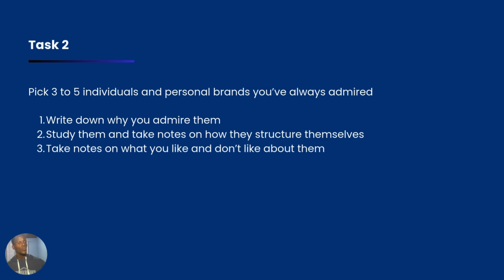Write down why you admire them, then study them and take notes on how they structure themselves. What are things that they do, what are things that they don't do. And then lastly, take notes on what you like and don't like about them. Once you have compiled that in a document, you can send it to the drive.